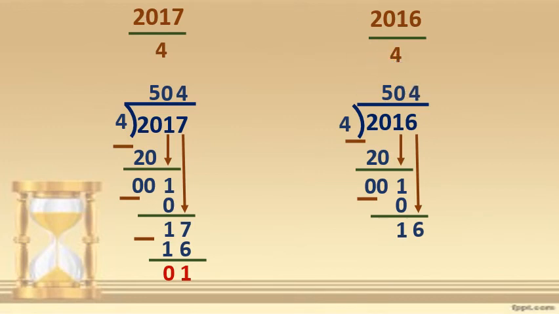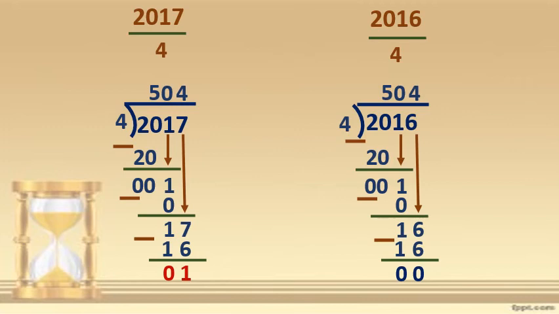Now dear students, 4 4s are what? 16, isn't it? So it is completely divisible by 4. Here 2016 is completely divisible by 4 and we got 0 as remainder. So 2016 is a leap year.